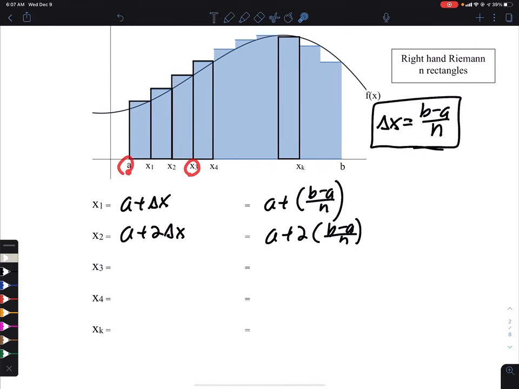You start at A and you move over delta x 3 times. How about x4? You start at A and you move over delta x 1, 2, 3, 4 times. Clearly the pattern's been formed.